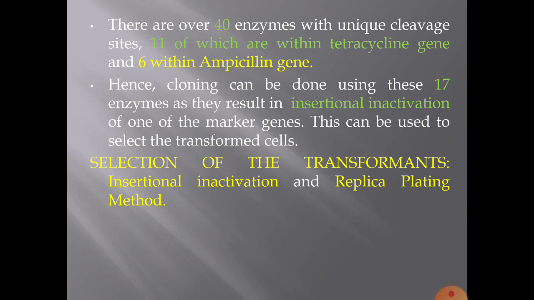Then the advantage of this vector is there are over 40 enzymes with unique cleavage sites, and out of 40, 11 of them are in the tetracycline resistance gene and 6 of them are in the ampicillin resistance gene. Hence, if you want to clone the DNA of your choice, it can be done using these 17 enzymes as they result in insertional inactivation of one of the marker genes, either the ampicillin resistance gene or the tetracycline resistance gene.